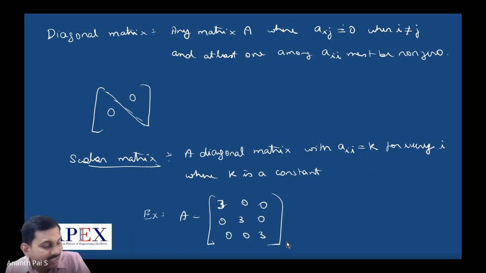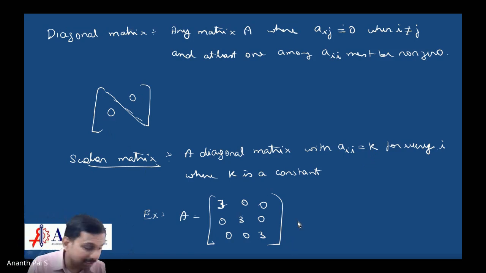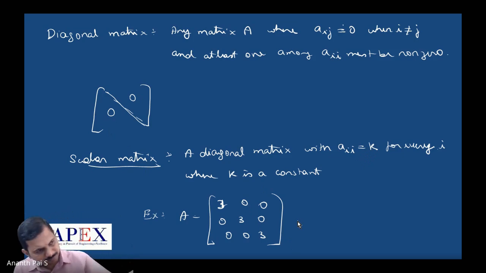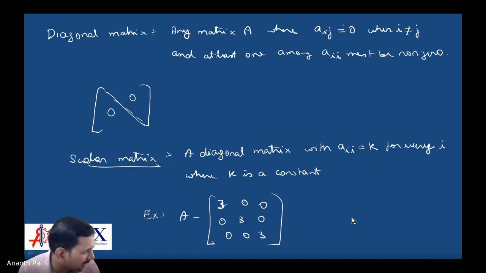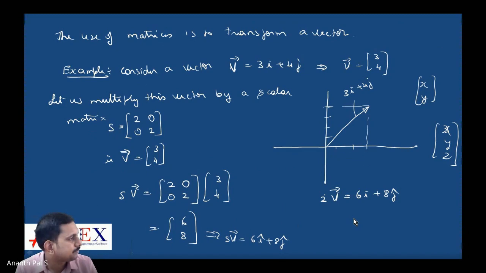Why is it called a scalar matrix? Because when you multiply the scalar matrix with any other matrix, all the elements get multiplied by that number. It's like multiplication with a scalar. Every element is multiplied by the scalar, and that's why it's called a scalar matrix. Now, the use of matrices, as we have done that time, is to transform a vector.